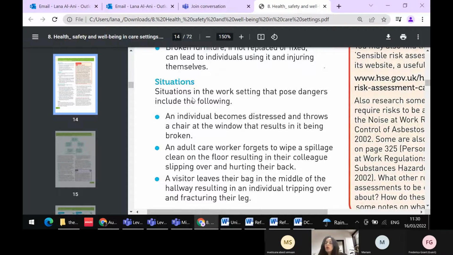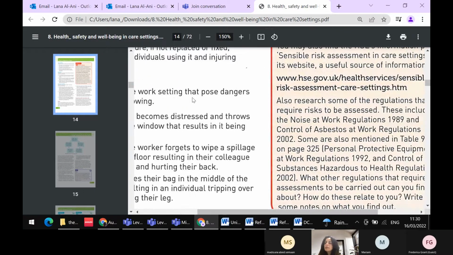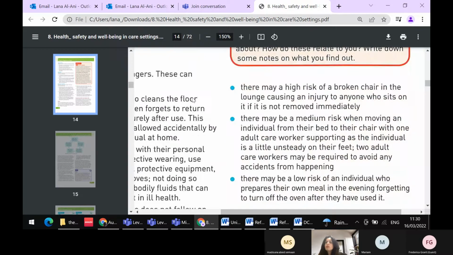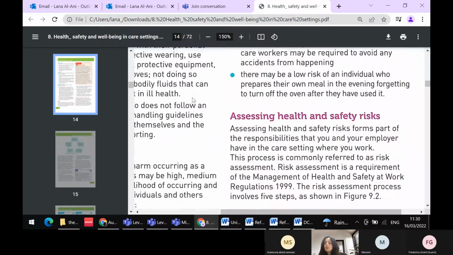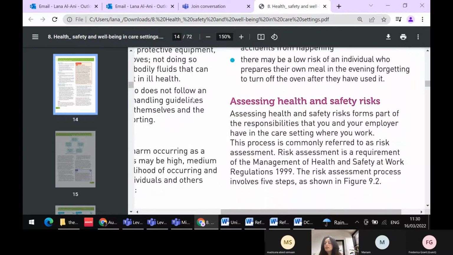That's why people should always follow the health and safety procedure. They should always do proper risk assessment and monitor it at all times. Why? Because health and safety regulations are changing from time to time, so we need to follow the most current one.